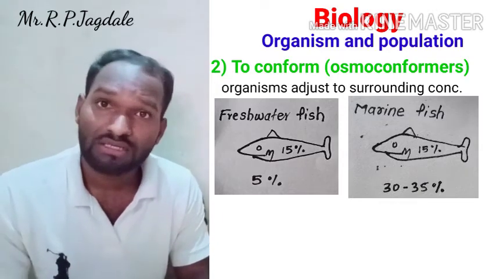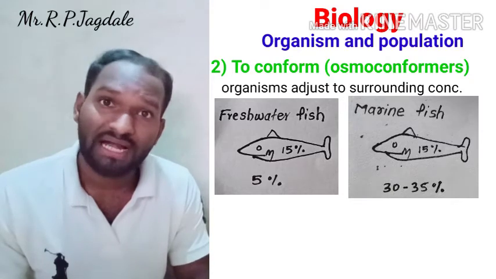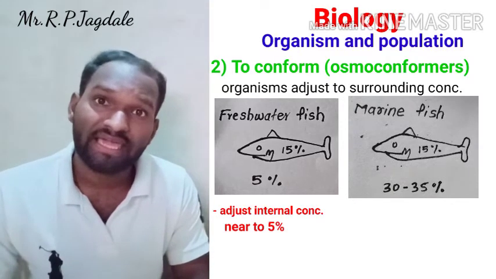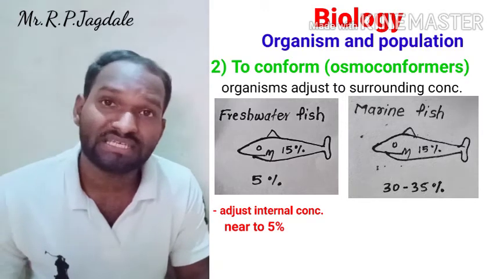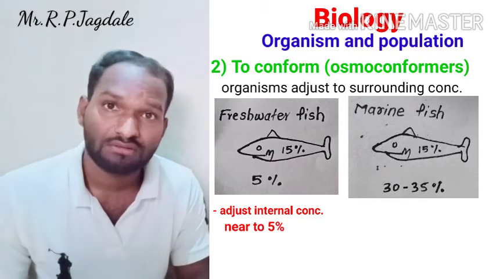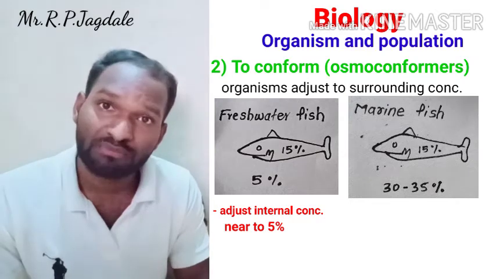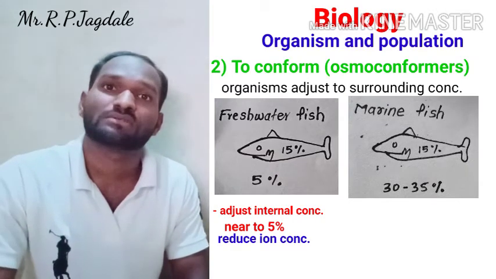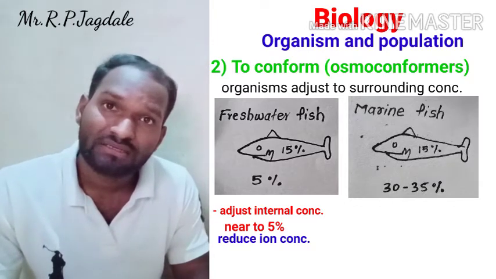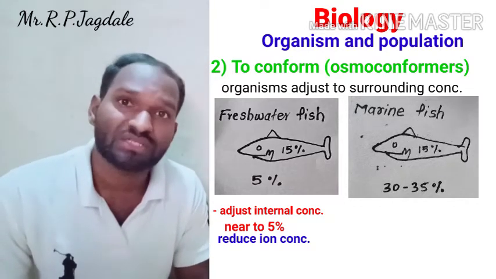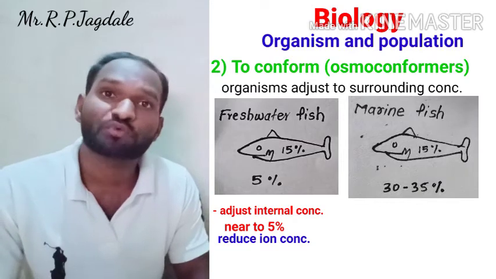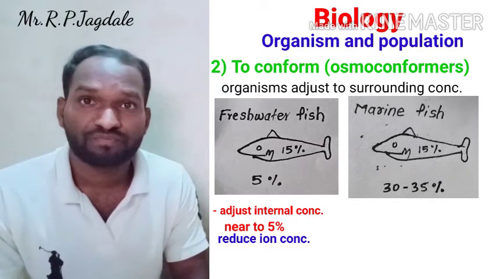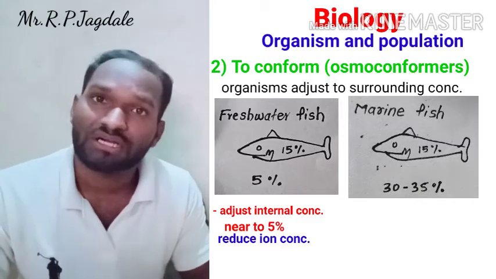In fresh water the fish adjusts its internal concentration to the external concentration, that is nearer to 5%. Firstly it is having 15%. They reduce their concentration of ions by pumping out, and they come nearer to 5%, so that not too many problems arise and they are able to survive in that condition. That work is done by the conformers.